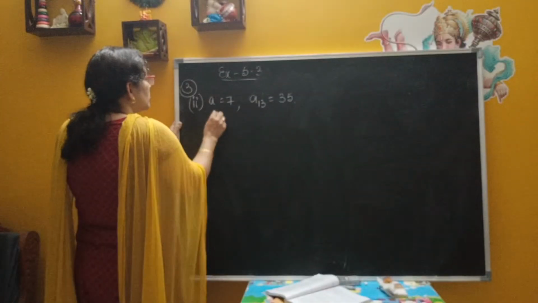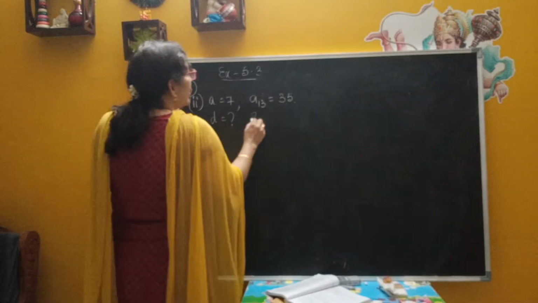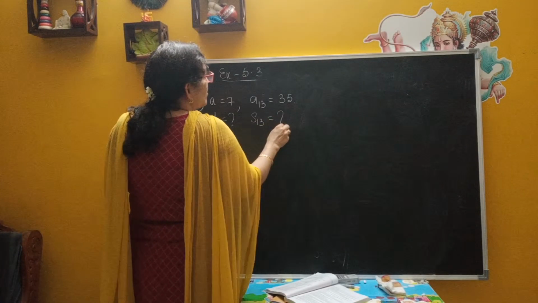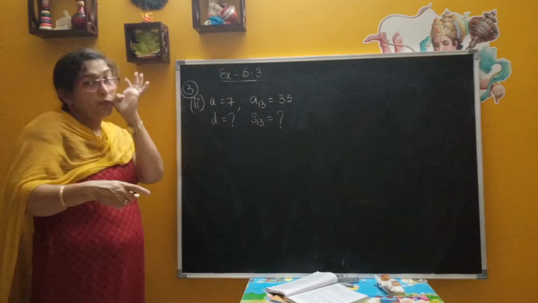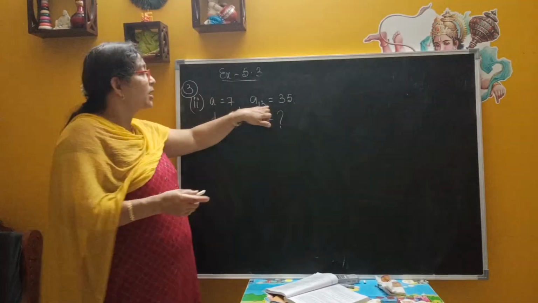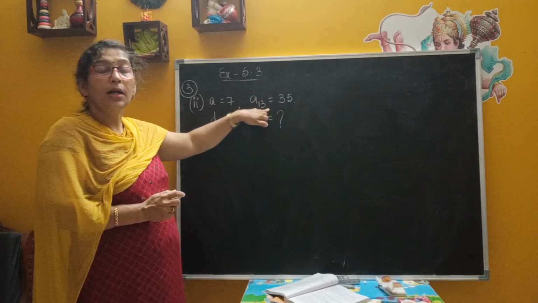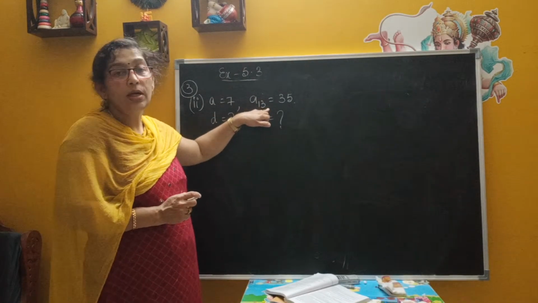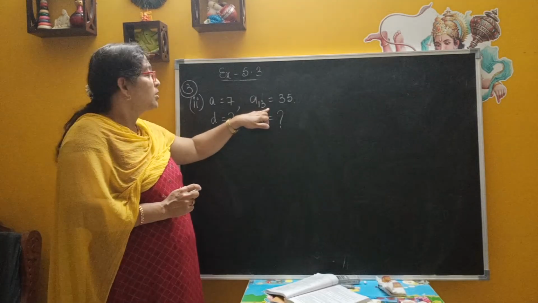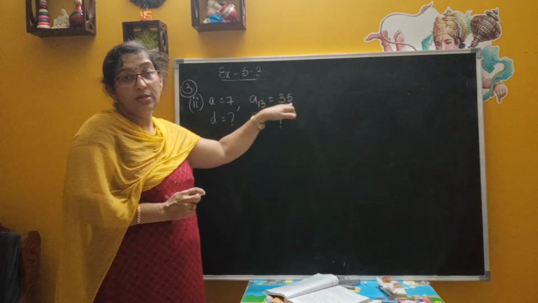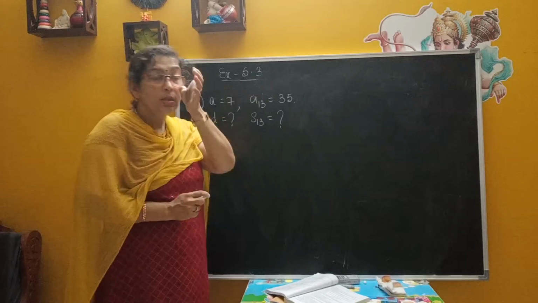D is equal to how much? S13 how much? See, they have given indirectly the value of N, because here they have mentioned A13. What is the value of N? It is 13. So this 35 is the 13th term of this AP. N is equal to 13.